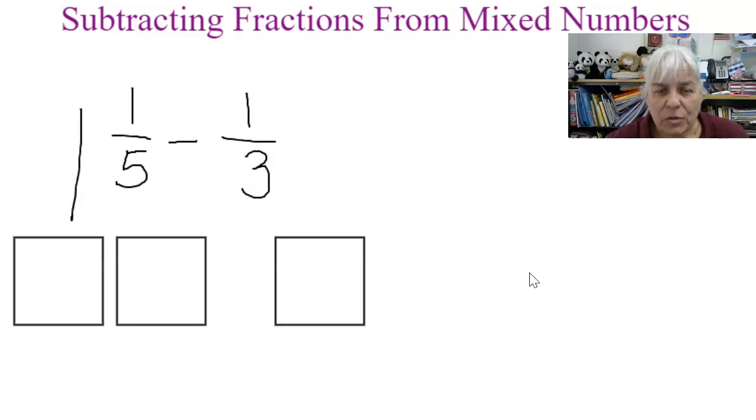Okay, so I have my squares and I'm going to draw in 1 1/5. So I need the 2 squares for that because I need the 1 square to represent the 1 and then another square to represent the 1/5. So I'm going to make these into fifths right now.